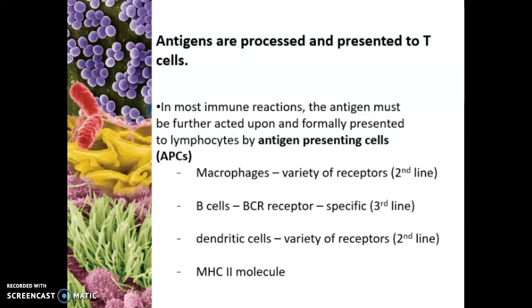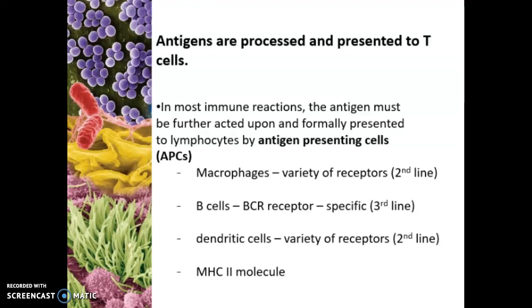There are specific cells called antigen-presenting cells because they can pull in the foreign material, digest or break apart the antigen inside the cell, and then display different pieces of it back on the cell surface.